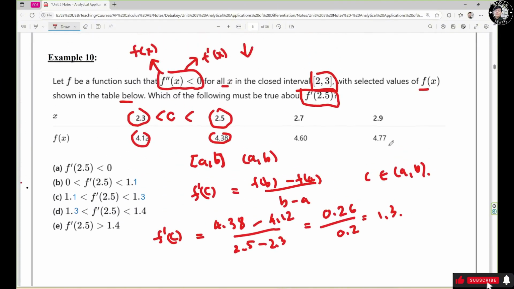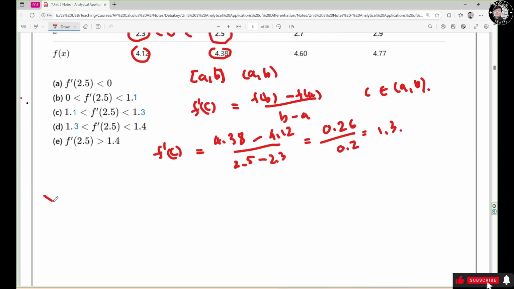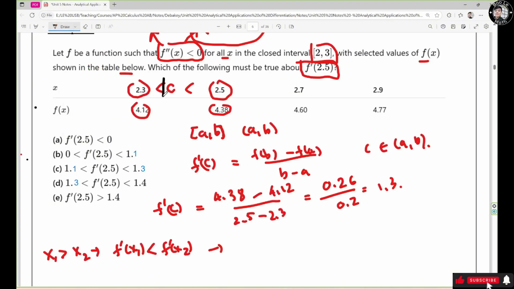Now, since the function f'(s) is decreasing, it tells us that if you have s1 less than s2, then f'(s1) must be greater than f'(s2), right? So I'm gonna have c less than 2.5, right?